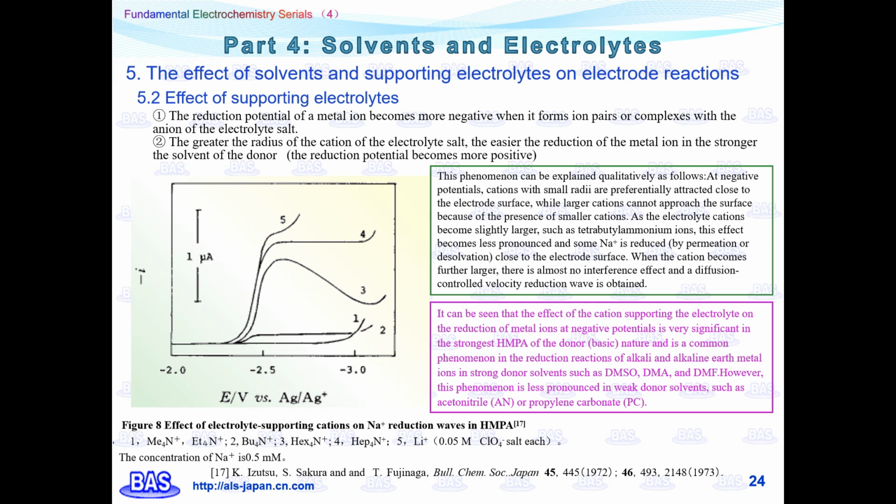A phenomenon commonly seen in the reduction reaction of alkali metal and alkaline earth metal ions. However, this phenomenon is less pronounced in weak donor solvents such as acetonitrile or propylene carbonate.